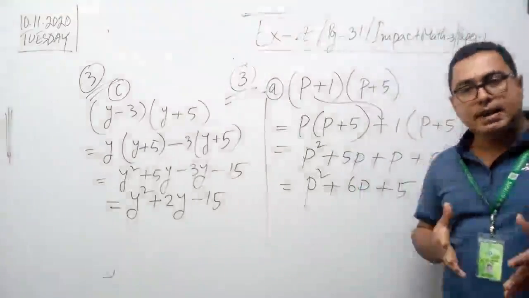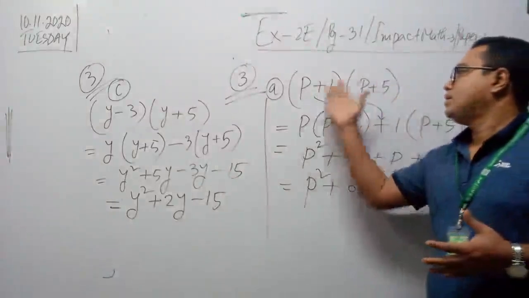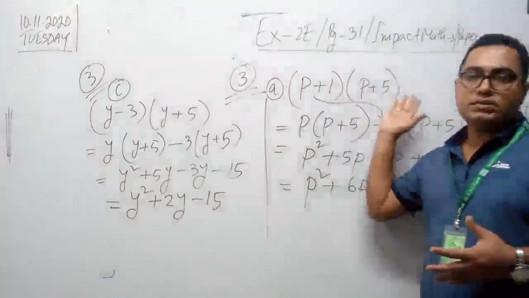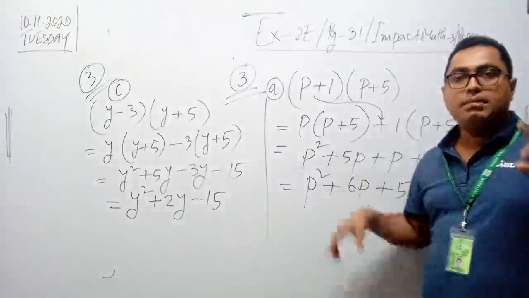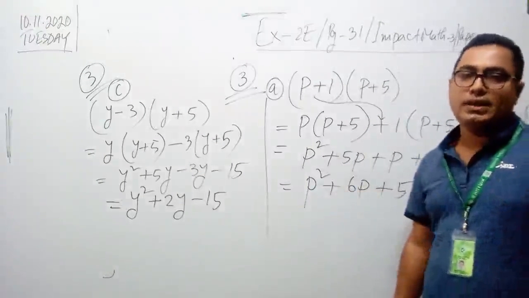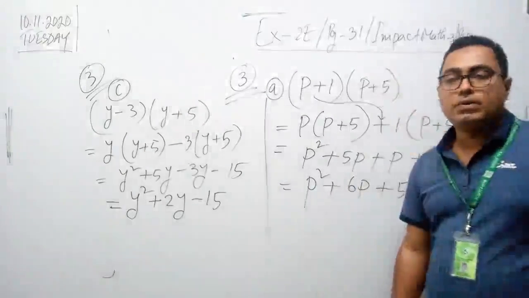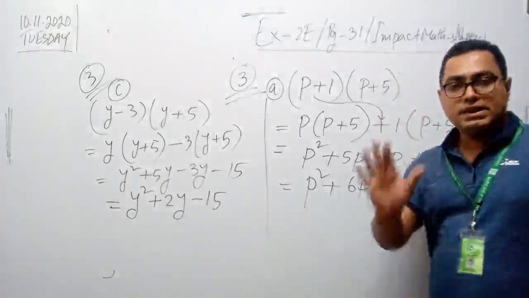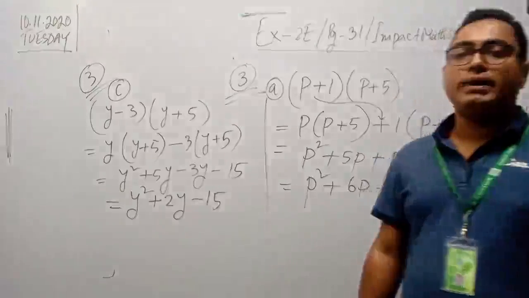In the exam, you will get a question like this one: expand these two terms, p plus 1 into p plus 5. There will not be a question like, expand this one using method 1 and method 2. Just expand. You can follow any of these two methods.